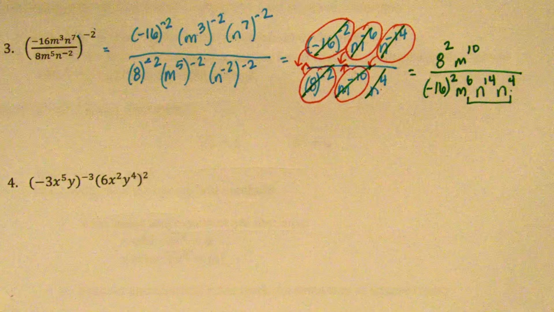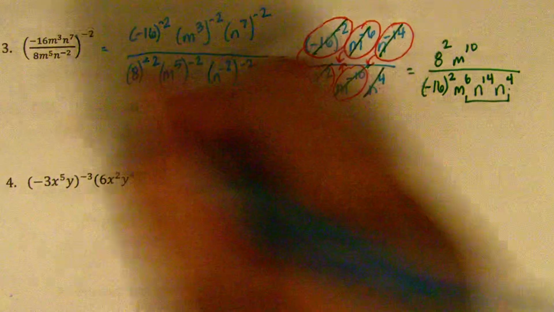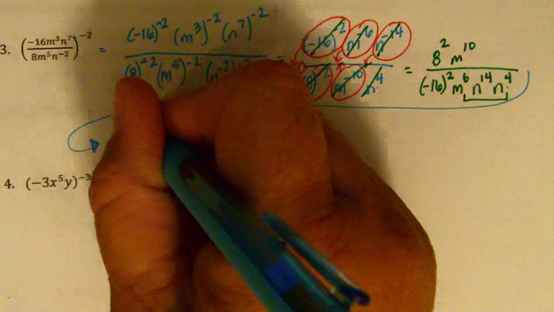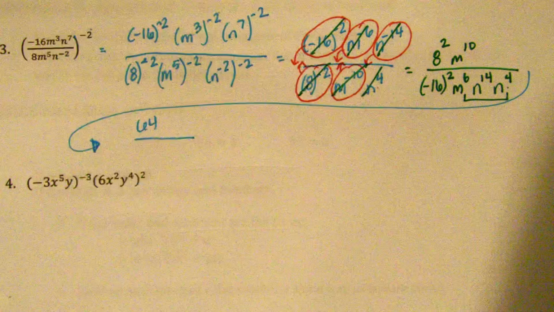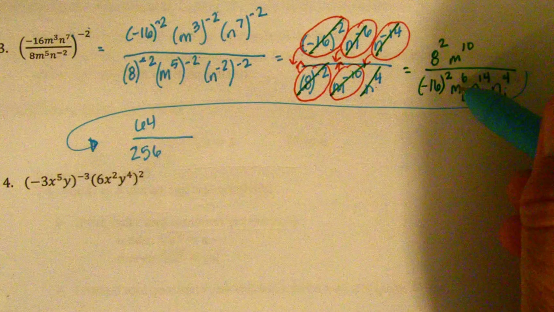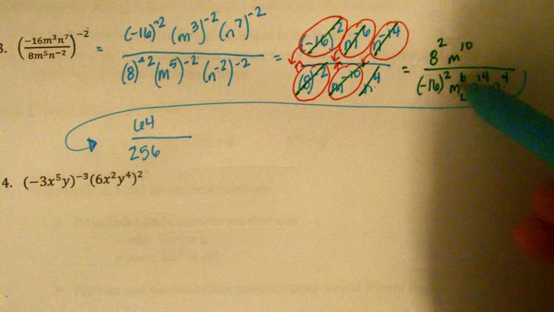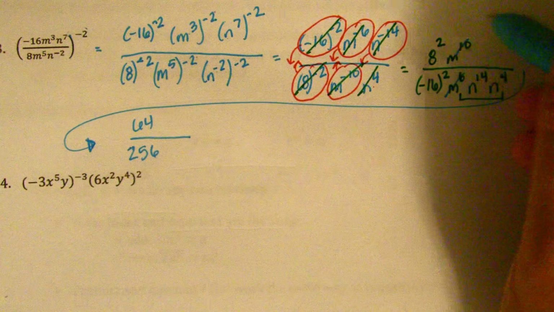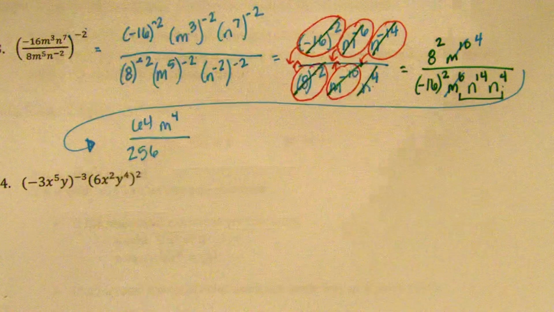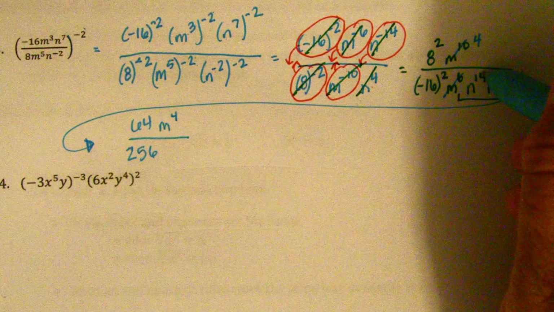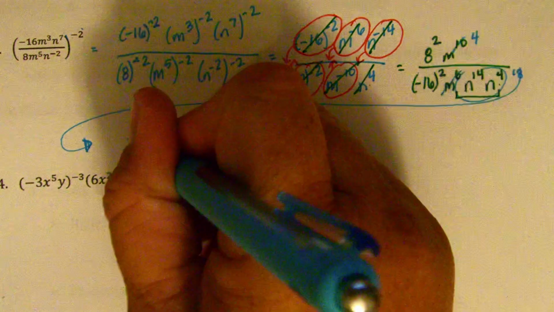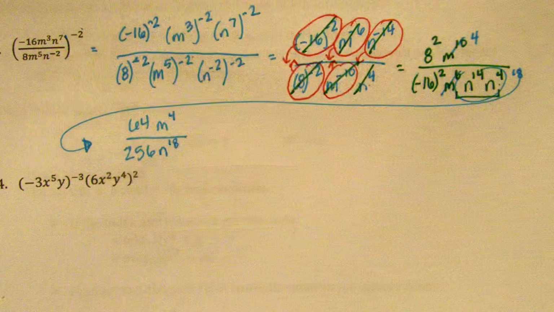So, I'm going to move this all the way over here. 8 squared is 64, and 256. And then m to the 6th and m to the 10th. Well, 6 of those will cancel, and I'll be left with 4 on top. So I have m to the 4th on top. And then n to the 14 and n to the 4, that gives me a total of 18. So n to the 18th power.